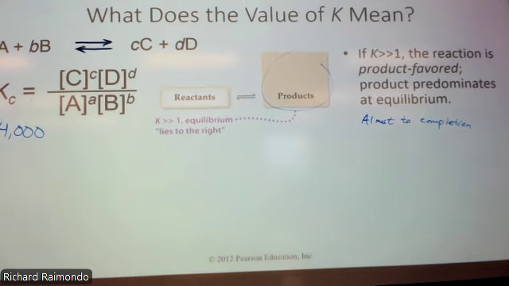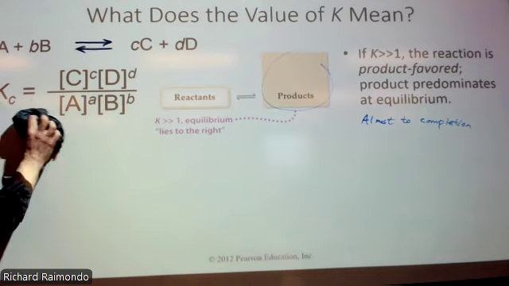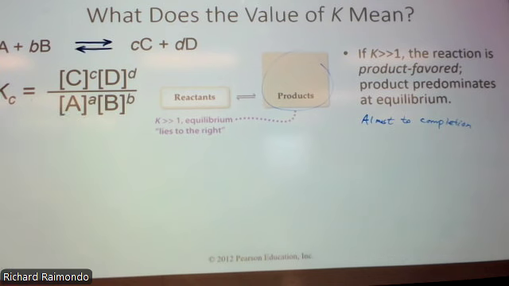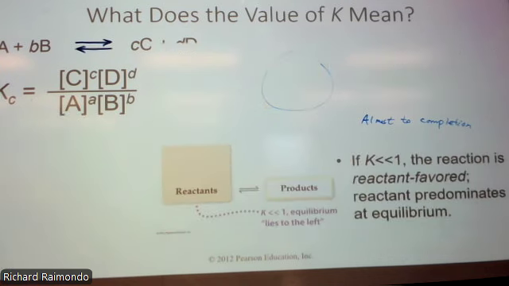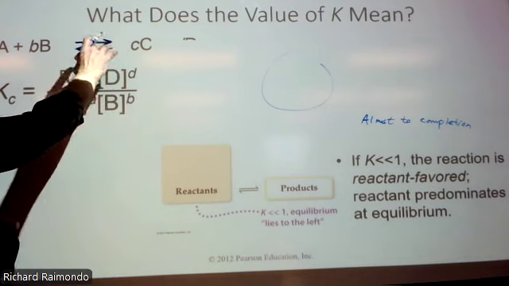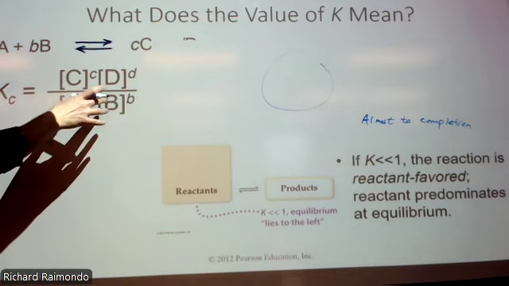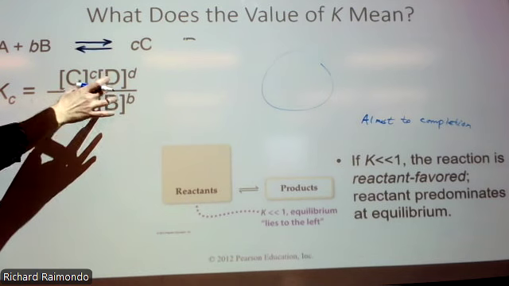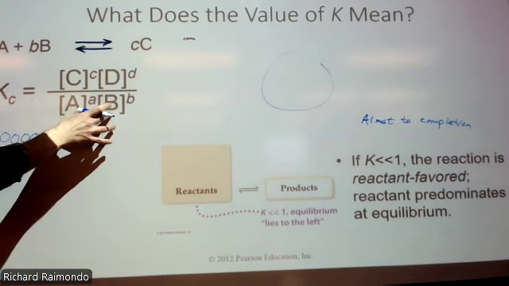What if we had the opposite, a K sub C which is much lower? For example, if I have a K sub C that is 0.00-something, and I'm exaggerating here, but they get pretty small. That K sub C tells you that you've reached equilibrium and are still going back and forth, but you have a very low concentration of products compared to the concentration of reactants.